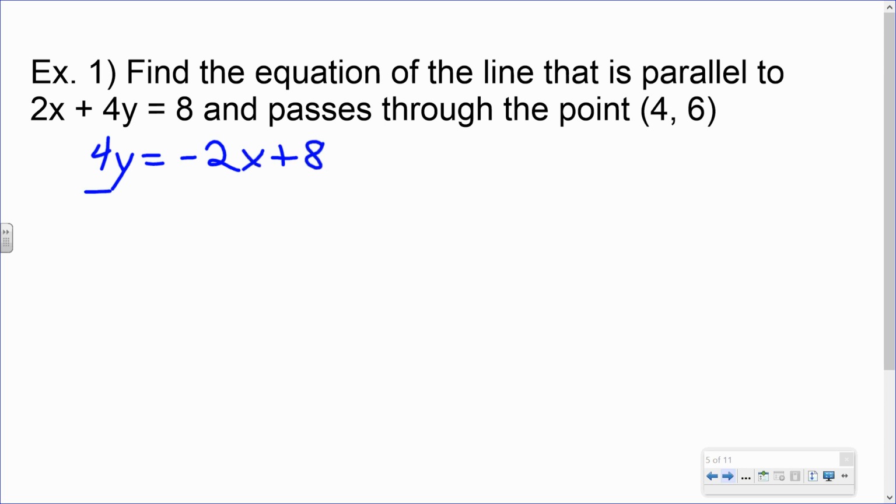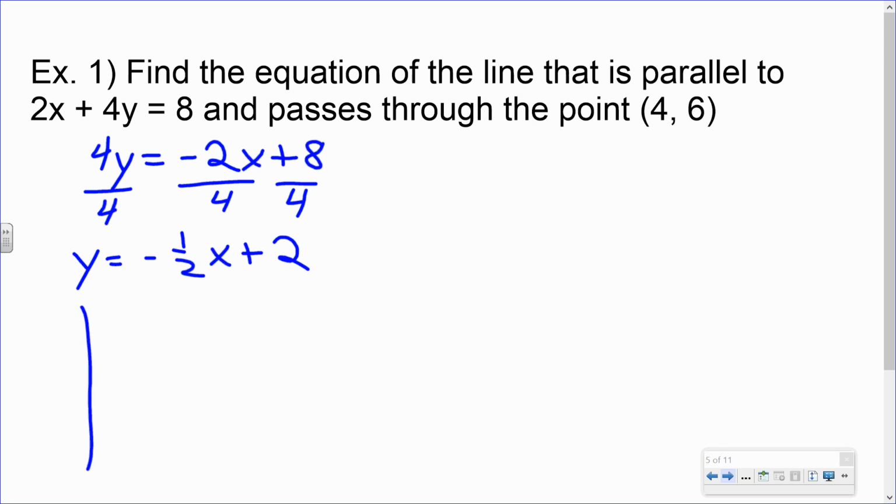Okay, so you wanted us to isolate y so that we have y equals negative a half x plus 2. So, okay, now I need to know how in the world that's going to help me. That means I have a line that's doing something kind of like that. And I'm supposed to end up with a parallel line. I'm not sure exactly where that is. Maybe something like that. How does getting that equation of the blue line help me get the equation of the red line?